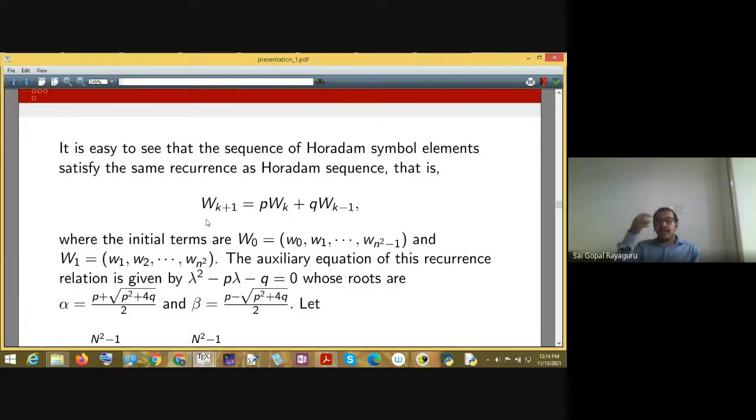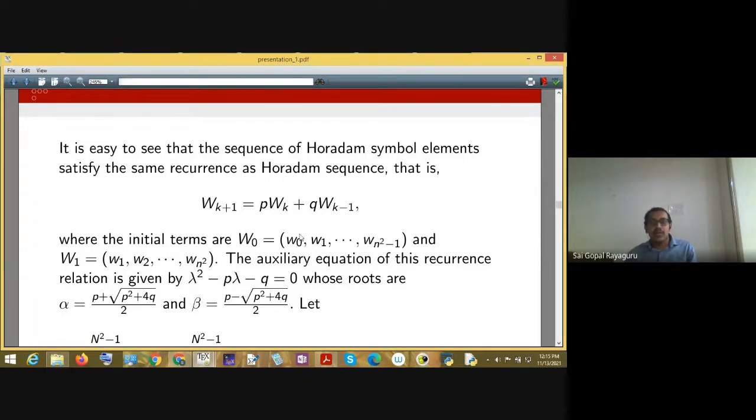But in the Horadam sequence, the initial terms W_0 and W_1 were arbitrary real numbers, a_0 and a_1. Here the W_0 and W_1 are n square tuples, each containing n square elements.